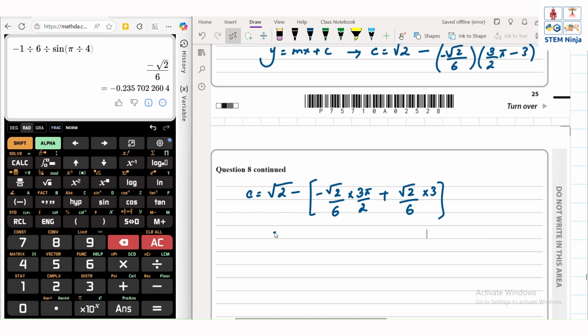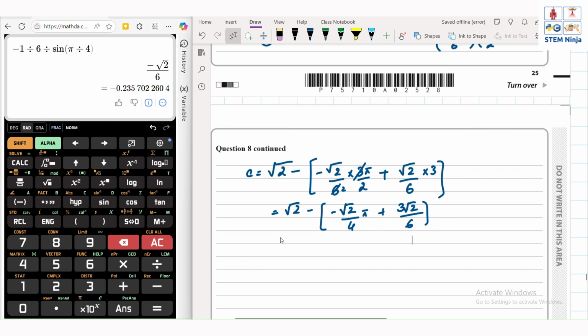So this becomes root 2 minus root 2 over 4 pi plus 3 root 2 over 6, since 3 times 2 is 6.